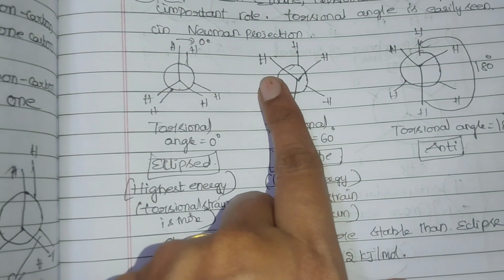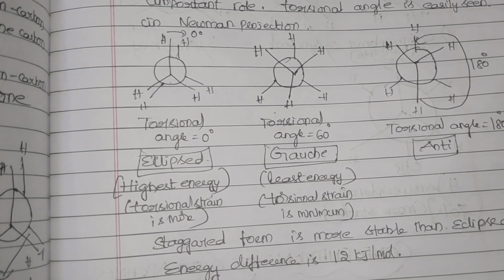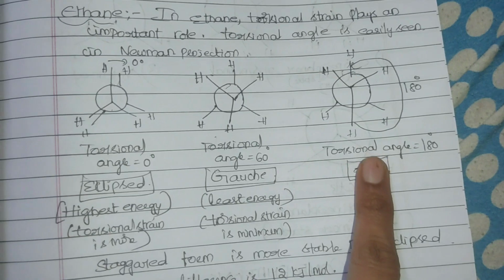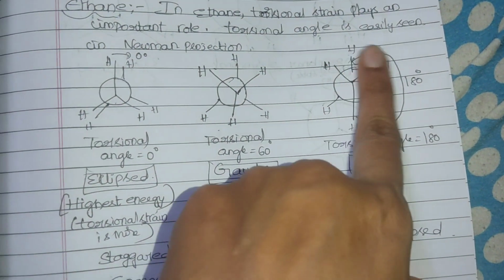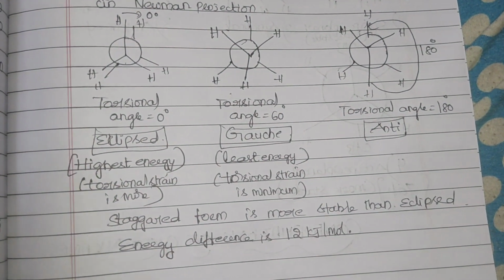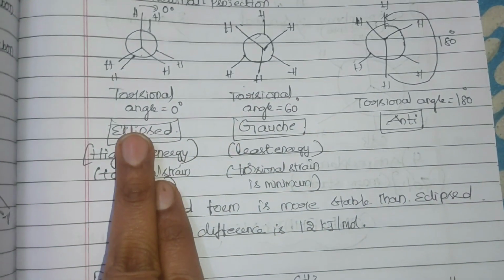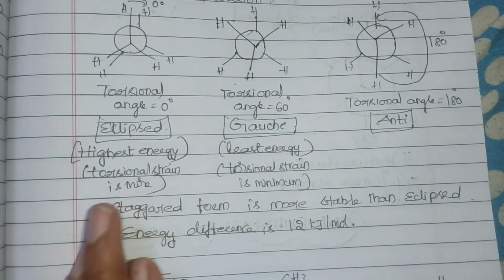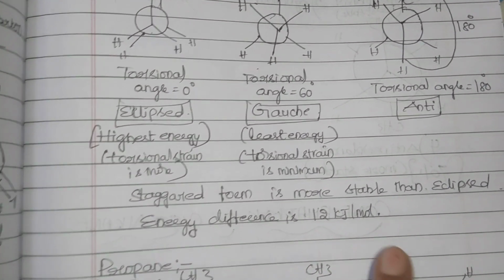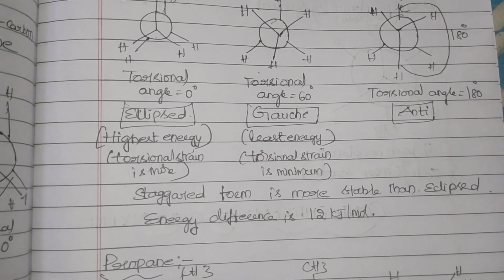When it is rotated by 60 degrees, it is the Gauche form, and it has the least energy, and torsional strain is also minimum. In the anti form, the torsional angle is 180 degrees. So we can say the staggered form is more stable than eclipsed. To convert from one form to another, we have to use energy of up to 12 kJ per mole. So the energy difference between these two conformations is 12 kJ per mole.